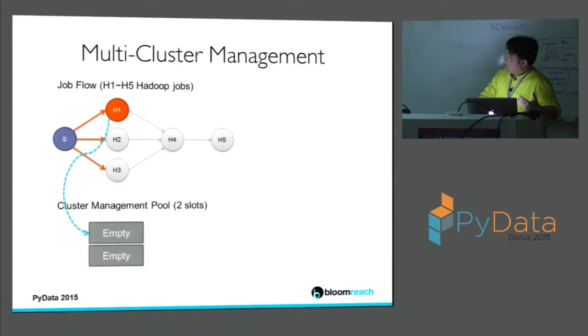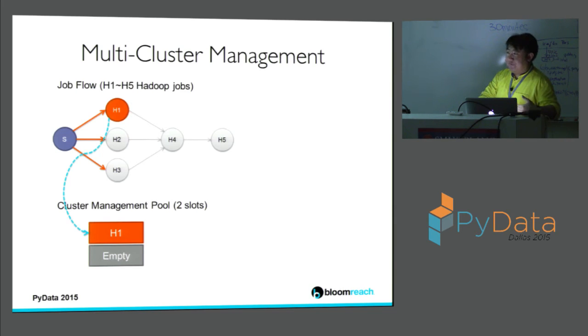Job H1, Hadoop 1, wants to execute something on EMR. So it talks to the cluster manager, and we find there is an empty slot for that. So it occupies that slot and says, I want to run H1.